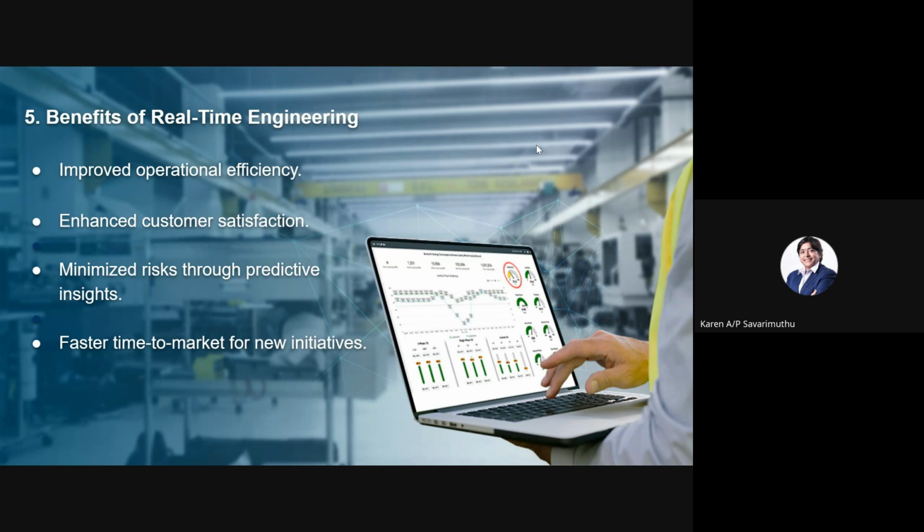Okay, and of course, when it comes to bringing new innovative items to market, you can have a faster time to market for new innovations. How do you do that? Or how do you initiate a new product? Because you already have your data, you know what is going on. For example, certain retailers come up with a new type of food. Like McDonald's, right?